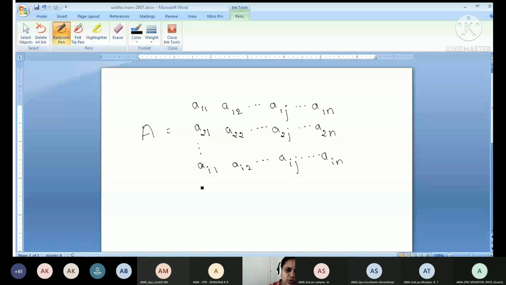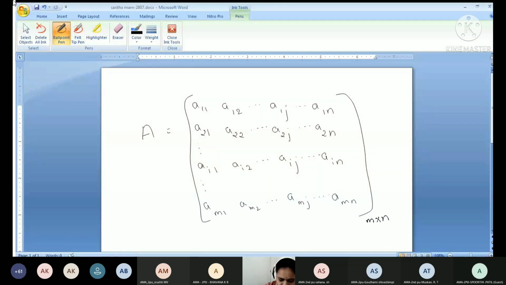Here also, and so on. Last row, that is the mth row, Am1, Am2, and so on, Amj, and so on, Amn. So this is our general matrix, of order m by n.